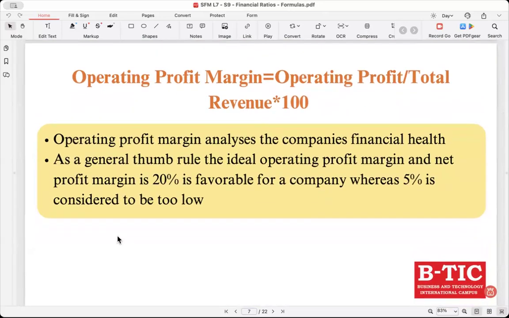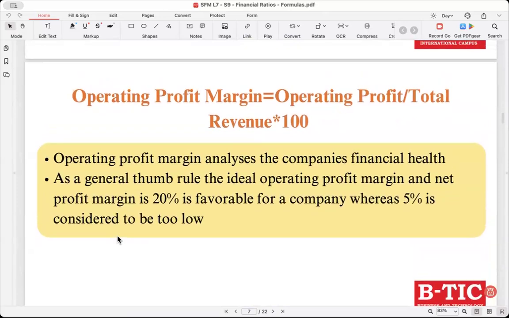That's gross profit margin. Next, we have operating profit margin. Operating profit margin equals operating profit over total revenue into 100. So operating profit margin analyzes the company's financial health.